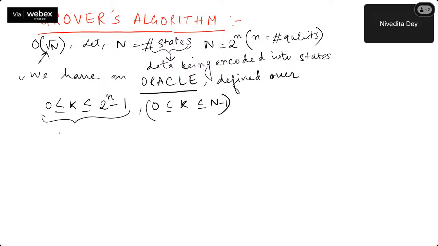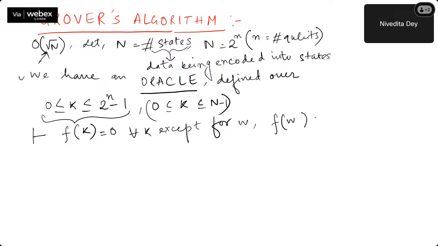Okay, and this has to happen such that f of k is 0 for all k except for w, where f of w is equal to 1.